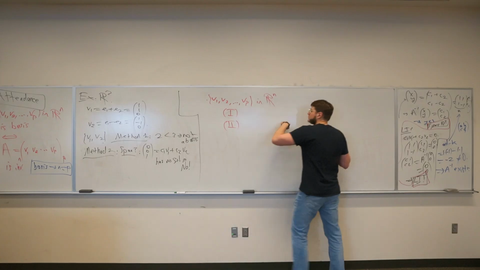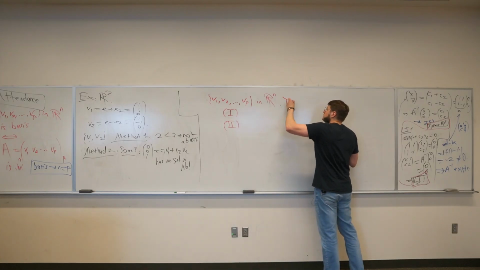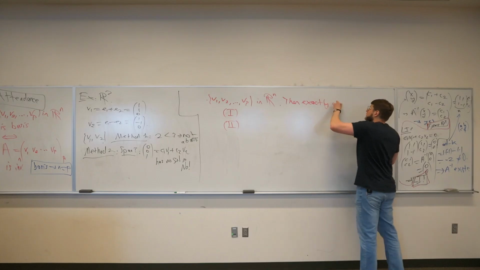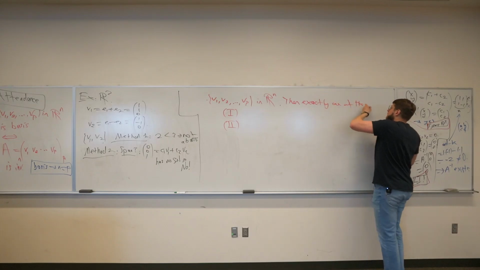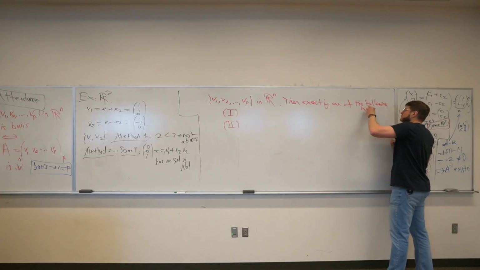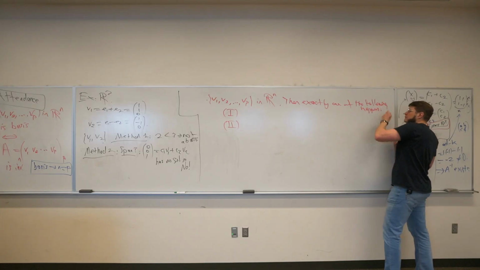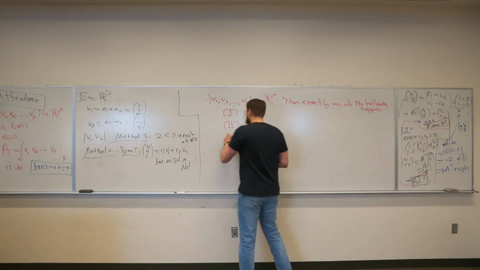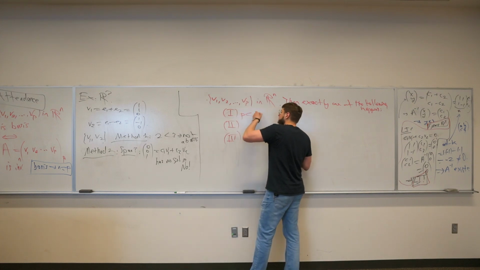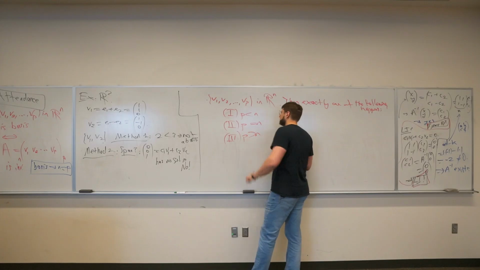Then exactly 1 of the following happens. Either 1 or 2 or 3. Either p is less than n, p is equal to n, or p is greater than n.